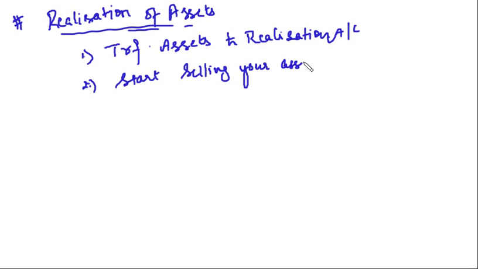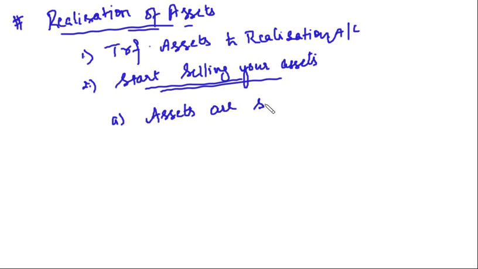Clear? Now when you will sell your assets, right, there can be three situations. A part, assets are sold for cash. Assets are sold for cash. Clear?